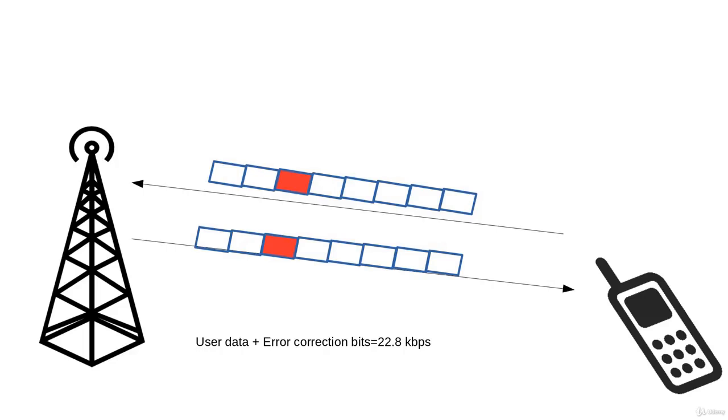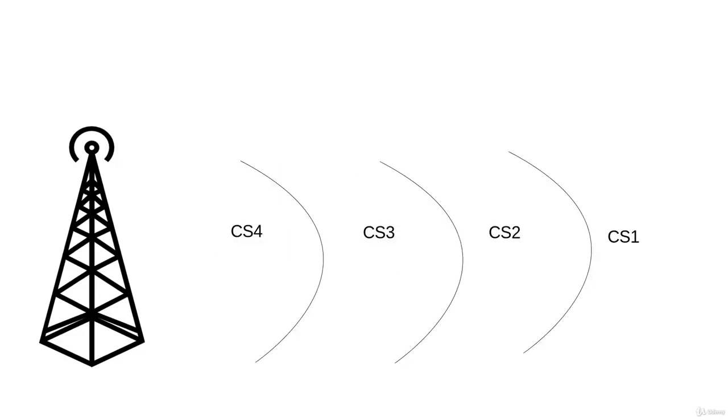Now how does GPRS play with this division between user data and error correction bits to increase the user data rate? So we use the coding schemes.